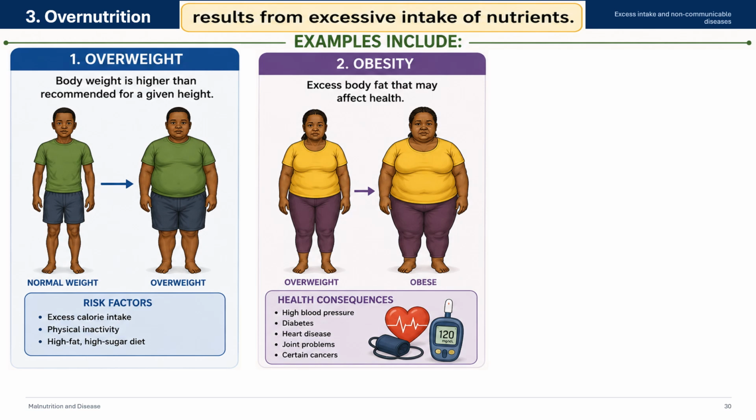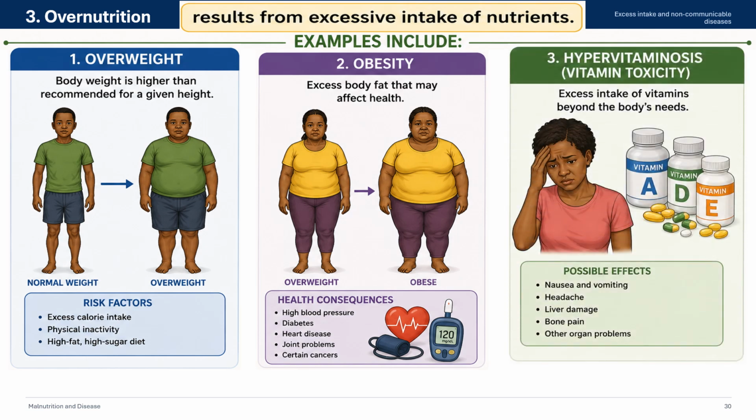Hence, it has several health consequences, such as increasing the risk of high blood pressure, diabetes, heart diseases, joint problems, and so on. The last category is hypervitaminosis, which is otherwise called vitamin toxicity, which occurs when there is excess intake of vitamins beyond the body's need.